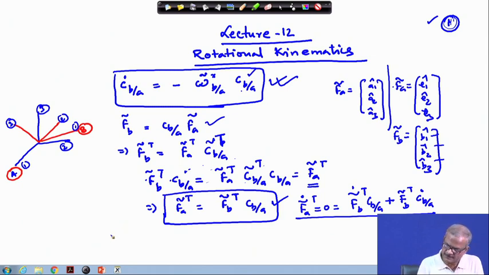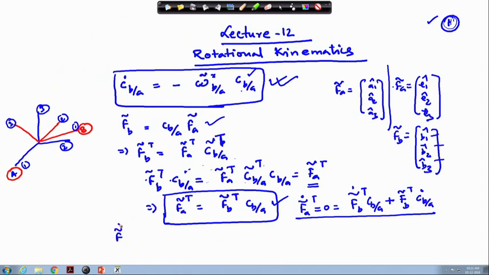What we get from this place is that f tilde B transpose C B/A equals C B/A, and here f tilde B transpose is with a minus sign, and this is the quantity we are looking for. So, if we remove this quantity, our job will be done.